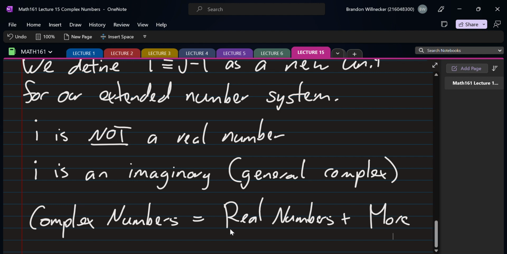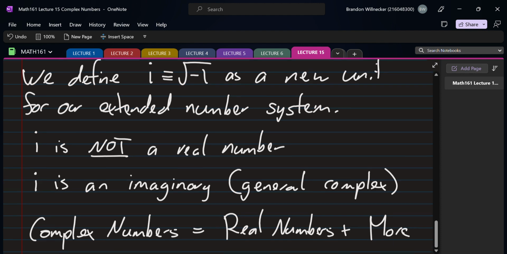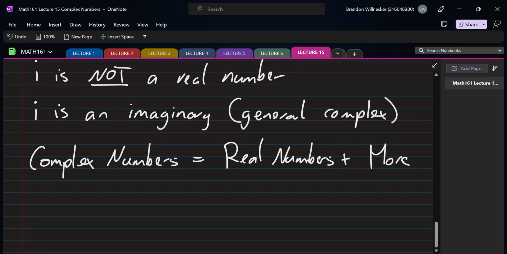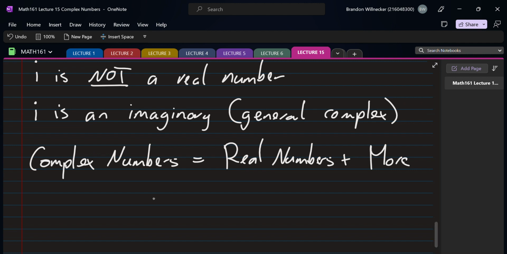Okay, so what we mean by this is that the real numbers are contained in the complex numbers, but there's more stuff added on to get from the real numbers to the complex numbers. Okay, so why is this imaginary complex number i important? So why it is important or useful.